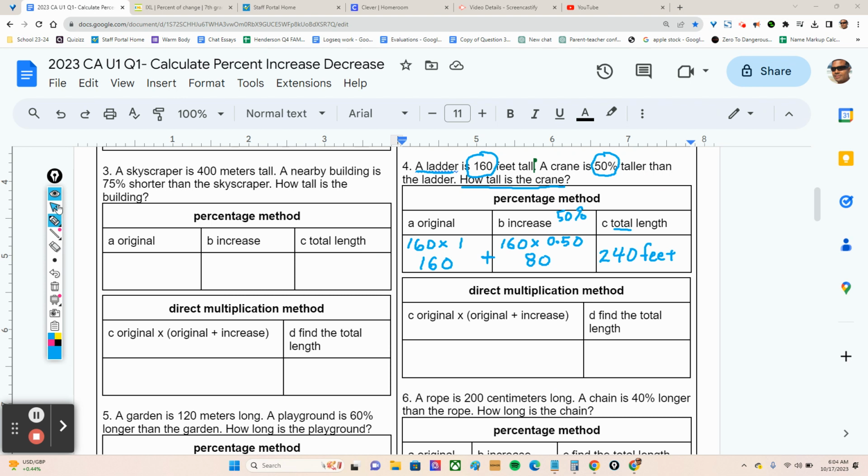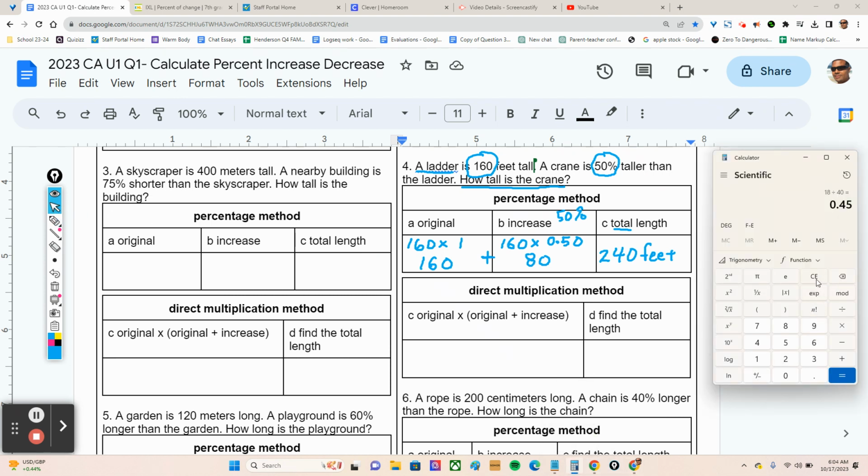To check your work, 160 plus 80 equals 240. That's the percentage method: take the original at 100%, which is the same as 1, and add the amount of increase, which is 50%.